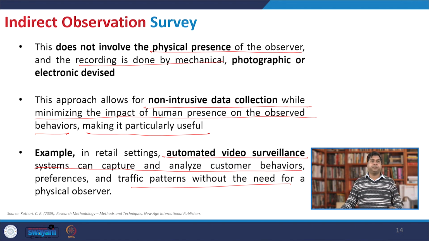Say for example, suppose you want to understand who are violating the rules at a traffic intersection, maybe they are over speeding, they are violating the red signal, or maybe they are not wearing a helmet in case of two wheelers or not wearing the seat belt. So in all those cases you have certain kind of algorithm.